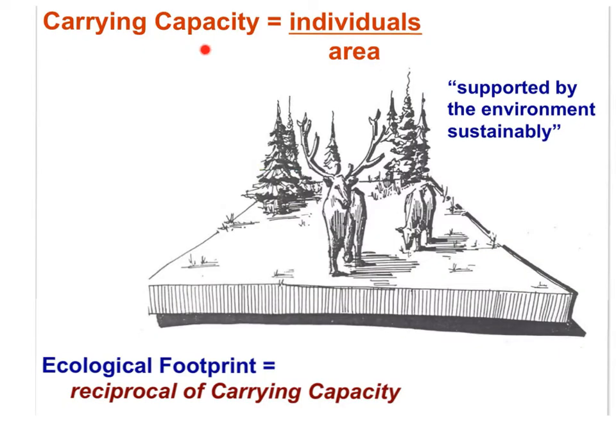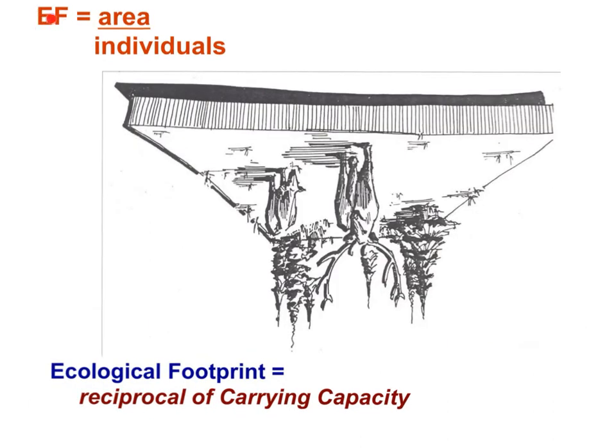So while carrying capacity represents the number of individuals per area, ecological footprint is the reciprocal of carrying capacity. Let's take a look. Ecological footprint is the area per the individuals in the society. It is the land area equivalent that provides the resources required by the society.